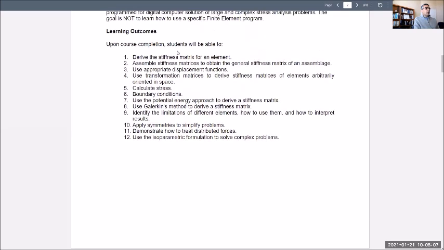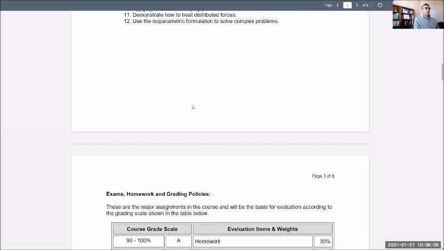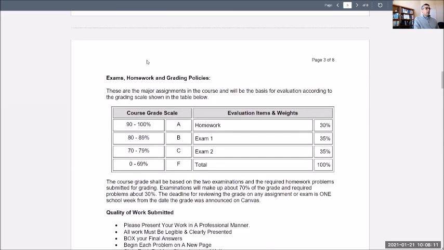So while we work primarily to achieve the learning outcomes, it is also important that we understand the grading policies to make sure that you all achieve a high grade in this course. So in this course, there are going to be major assignments, specifically 2 exams and a set of homeworks.